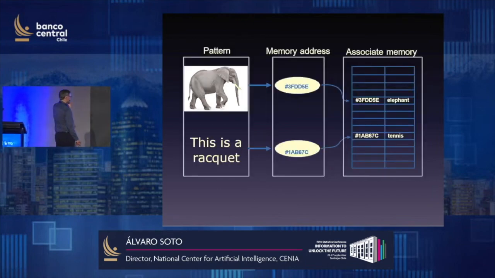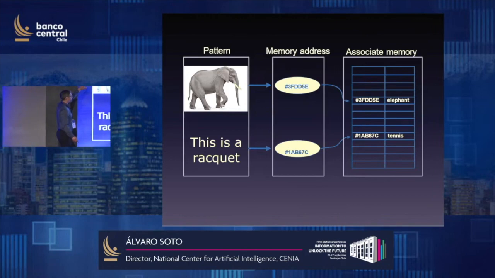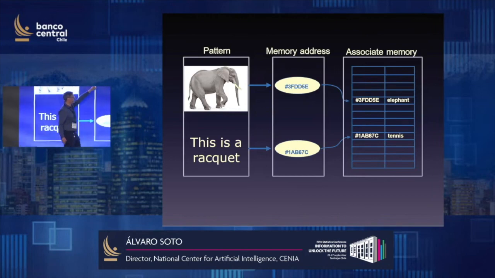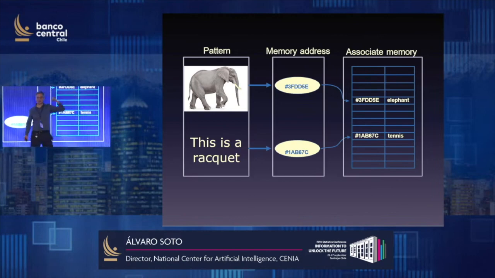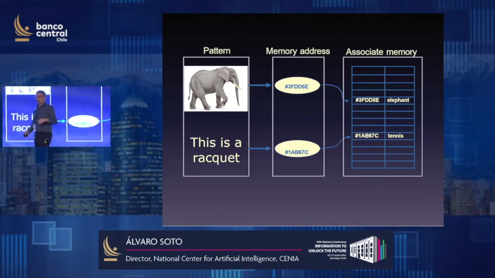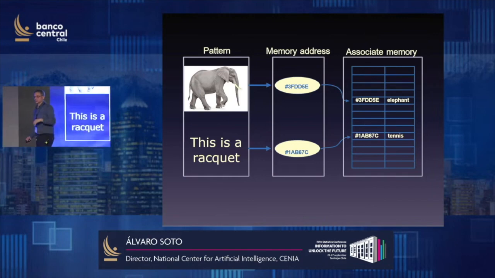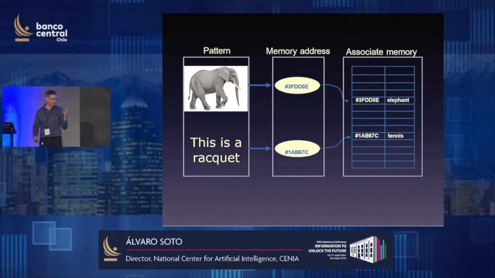So why is this important? Because when you have the pattern, you go to the memory address, and in your memory, you put information about the pattern. For example, it is an elephant, it is alive, it has to eat, it lives in some place, all the information that you want there.